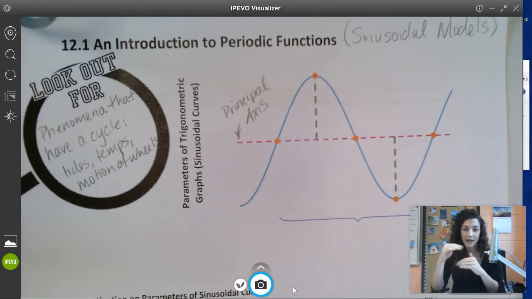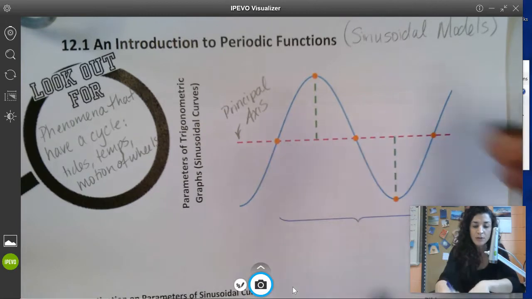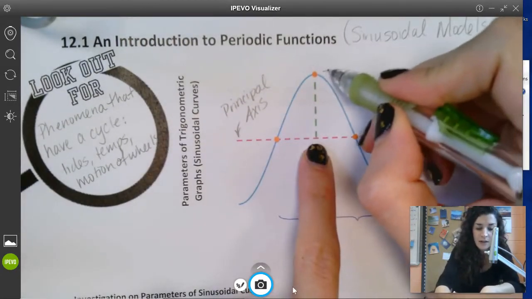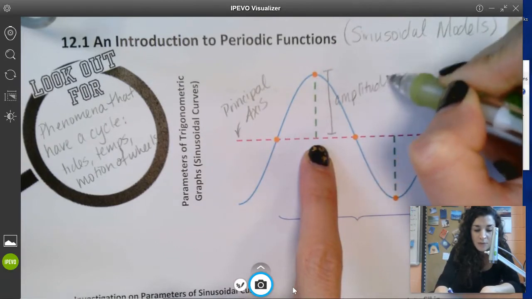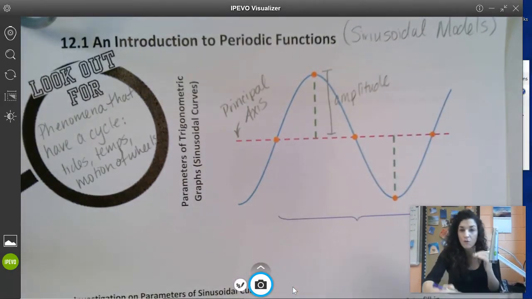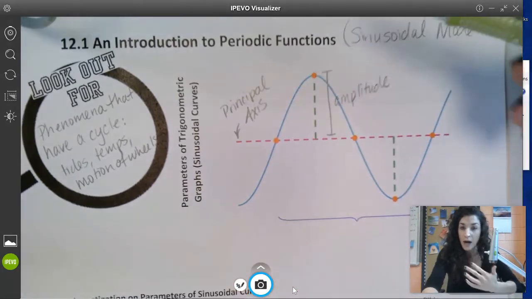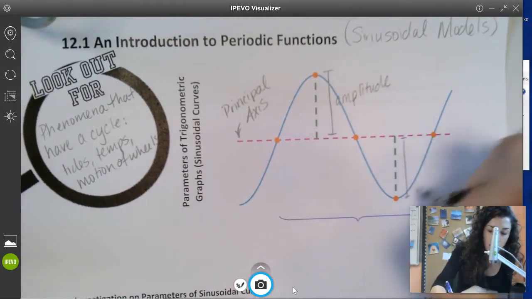The principal axis actually splits up the next thing that we're going to talk about, which is your amplitude. So your amplitude is this green line right here. And your amplitude is only the height from your principal axis to either the maximum or the minimum.